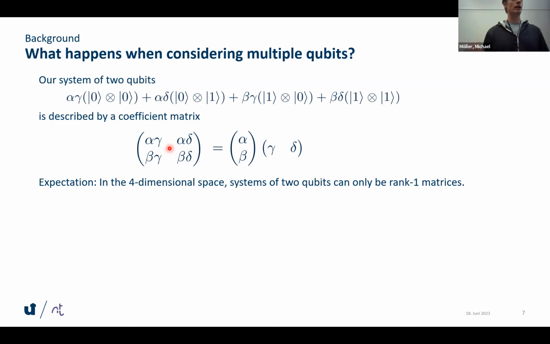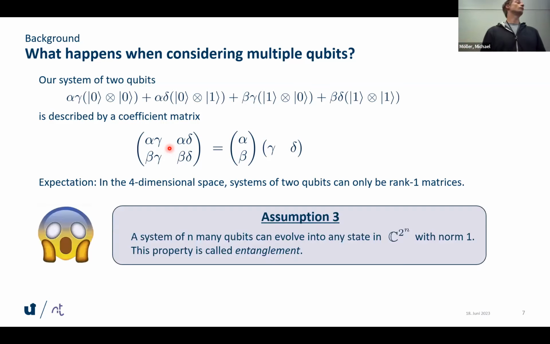And now comes the shocking part. This is wrong. Physicists found out that you can occupy the entire space. You can go to any 2 by 2 matrix. It does not need to be rank 1. So indeed, for n qubits, you would take the outer product or the tensor product of n many vectors of length 2.